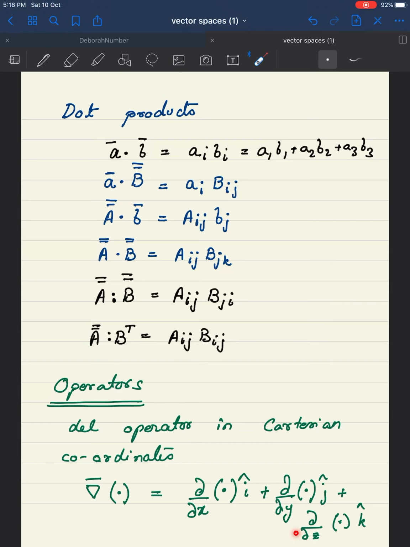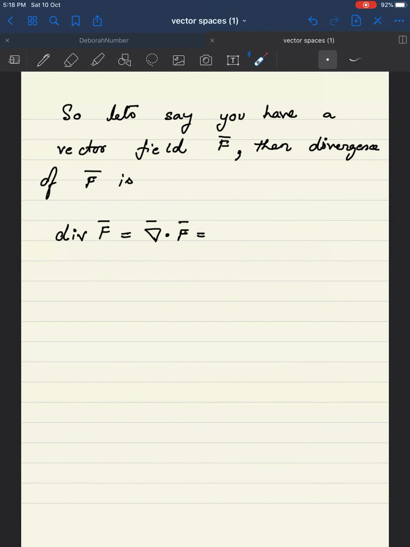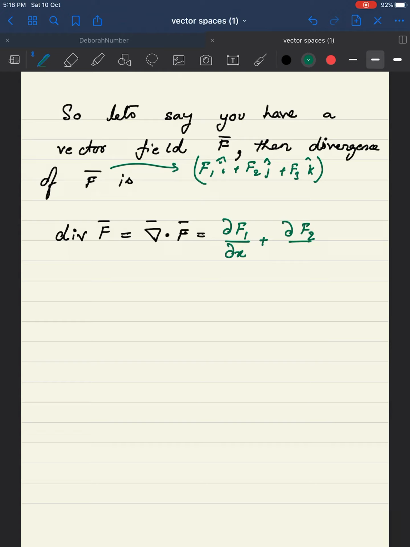So, given that you already know this, and f is equal to f1 i hat plus f2 j hat plus f3 k hat, in component form, then it is really straightforward for you to write down the answer, right.